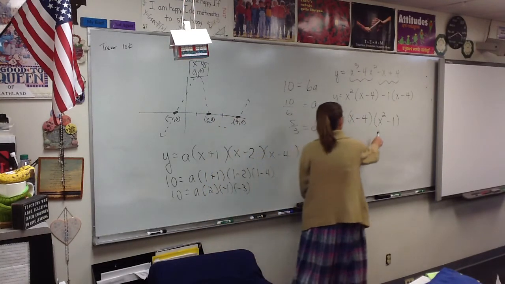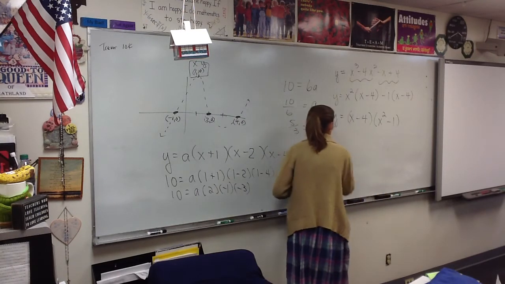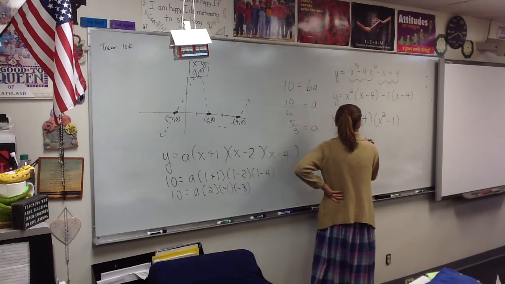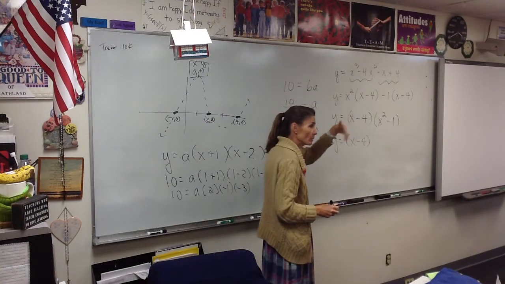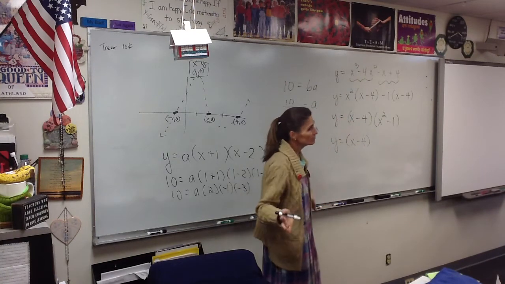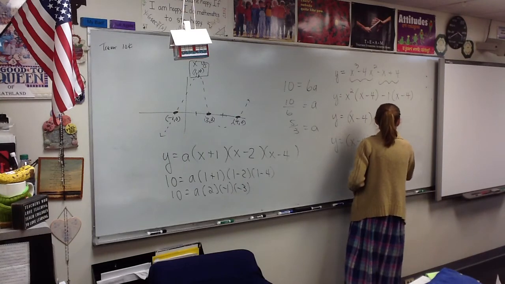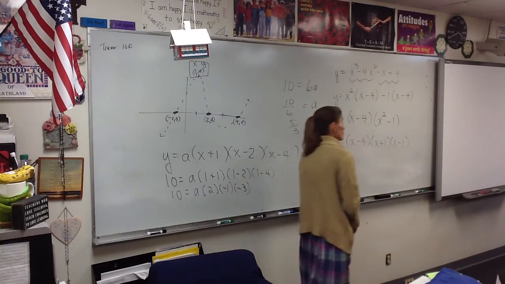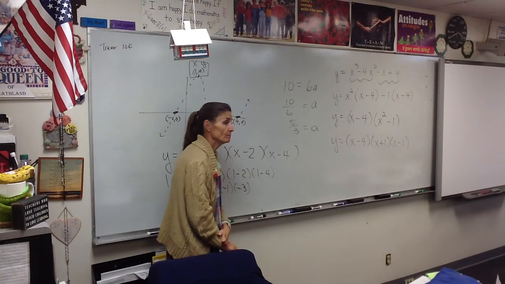Now what can you tell me about x squared and -1? X squared minus 1. What can you tell me about that? X plus 1, x minus 1. Very good, thank you. So now the problem is completely factored.